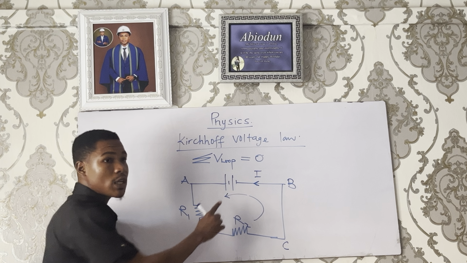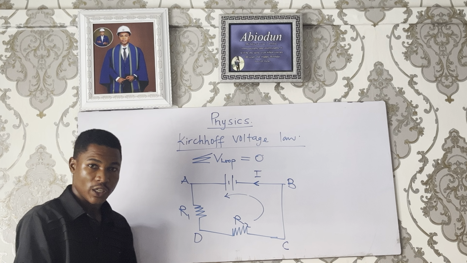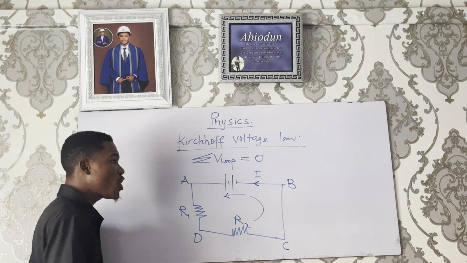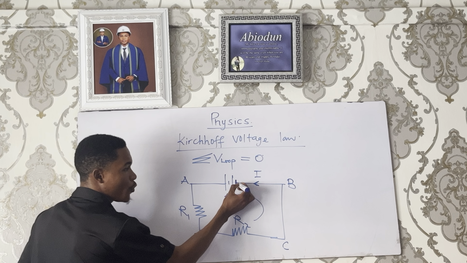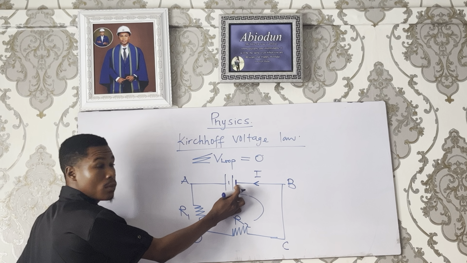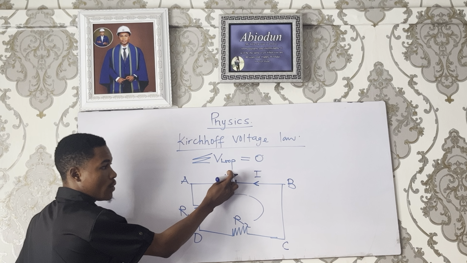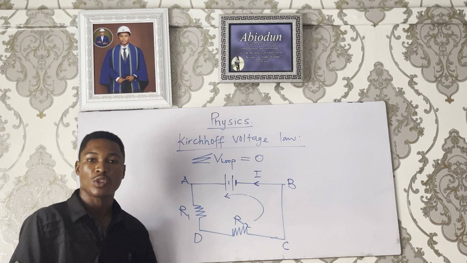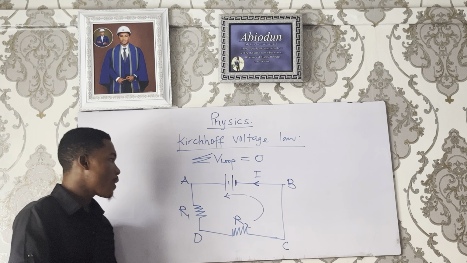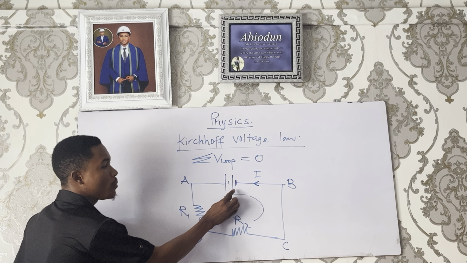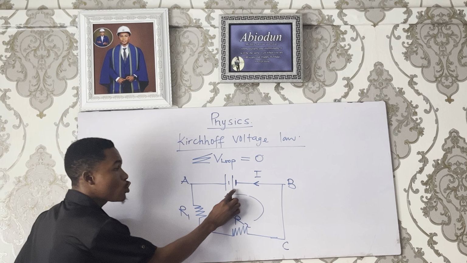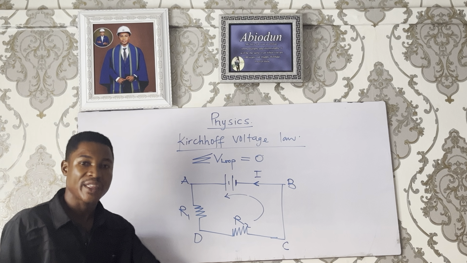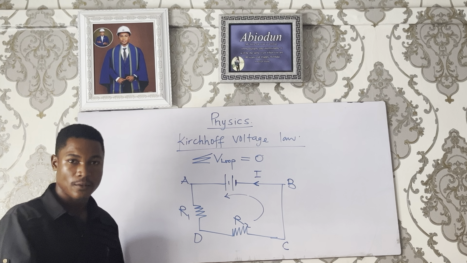At the negative terminal we have the low potential. At the positive terminal we have the high potential. So when the current is moving from the negative terminal to the positive terminal, the voltage in that cell is said to be positive. It's said to be a potential increase. But when the current is moving from the positive terminal to the negative terminal, there is a potential drop, and the voltage is said to be negative.